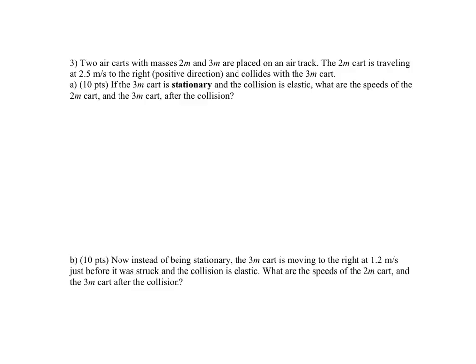Two air carts with masses 2m and 3m are placed on an air track. The 2m cart is traveling at 2.5 meters per second to the right, which is the positive direction, and collides with the 3m cart. Part A says, if the 3m cart is stationary and the collision is elastic, what are the speeds of the 2m cart and 3m cart after collision?